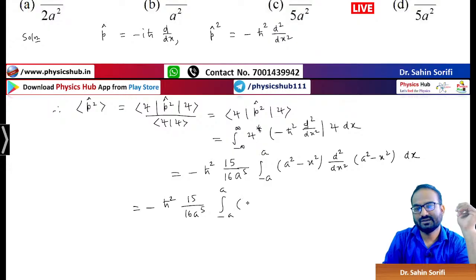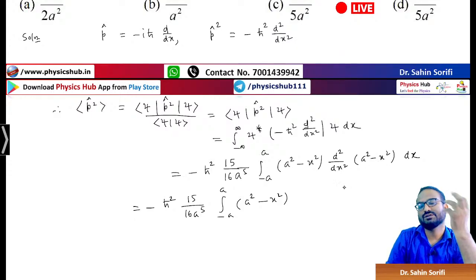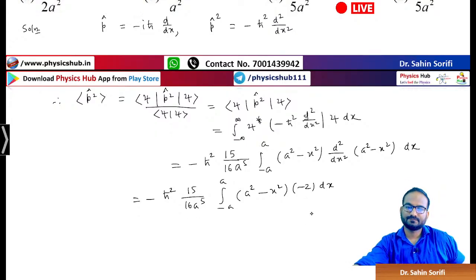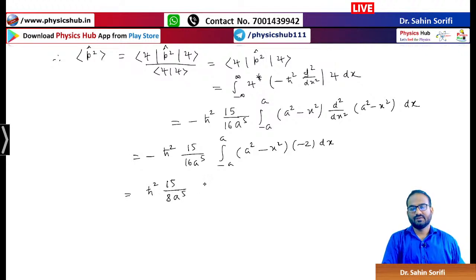Derivative with respect to x, so minus 2x, then minus 2, so this becomes minus 2. Minus minus plus, so it becomes h cut square 15 by 2 and 16, so 8, a to the power 5, integral from minus a to plus a of a square minus x square dx.